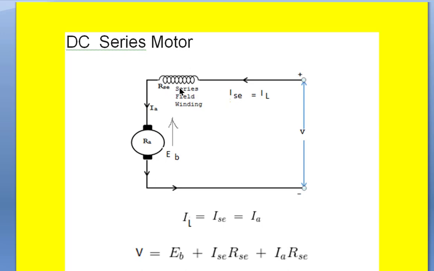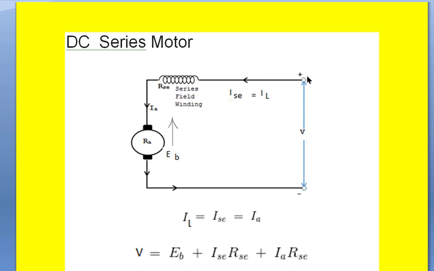This field winding resistance is very low. The series field winding resistance is approximately 0.05 ohms, almost similar to the armature resistance.